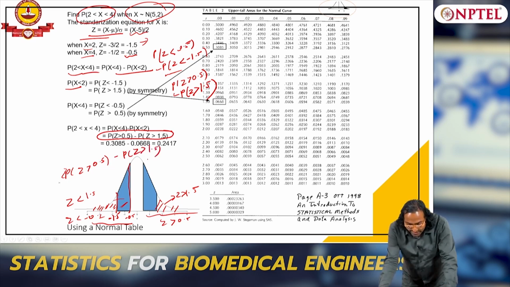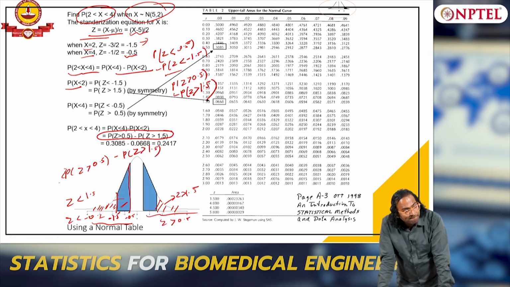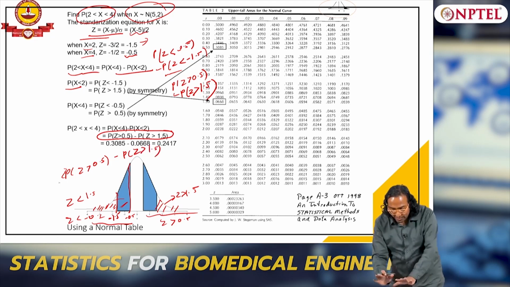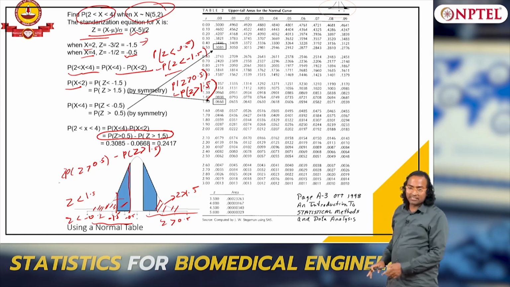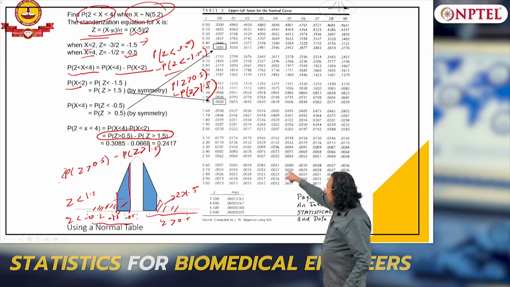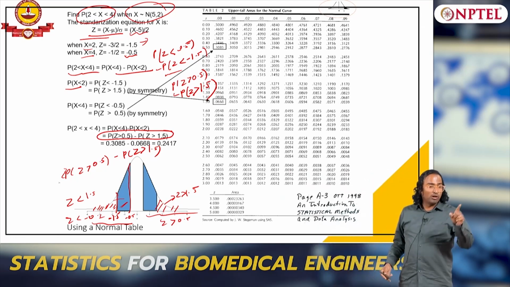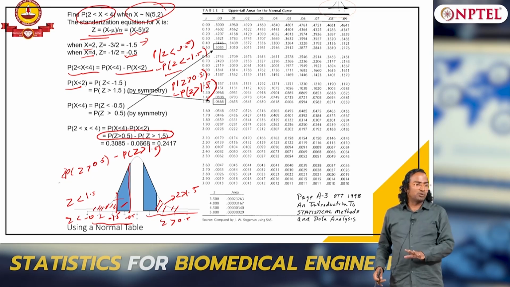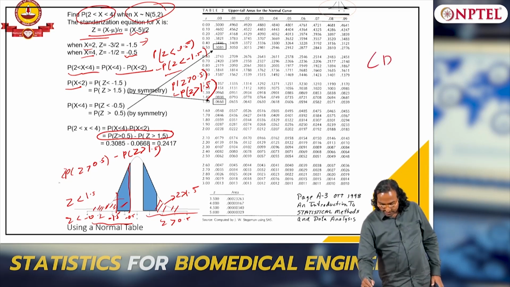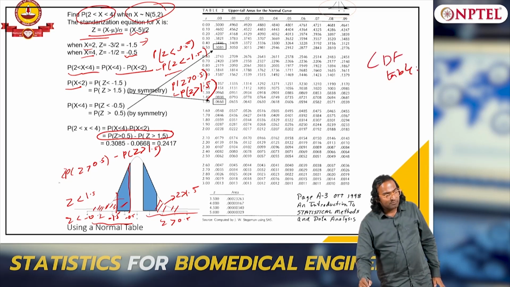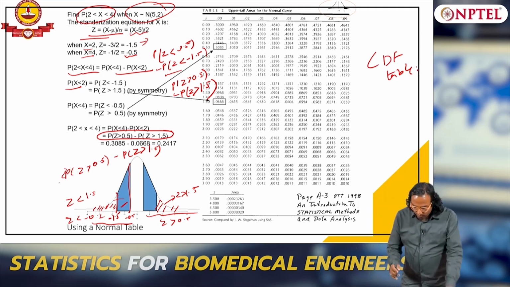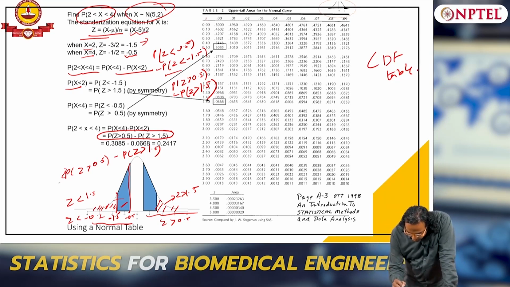What is the probability of z greater than 0.5? How do you find it? This is a cumulative distribution table, CDF. Next time onwards, try bringing it. Look at 0.5, what is the value? 0.3085.